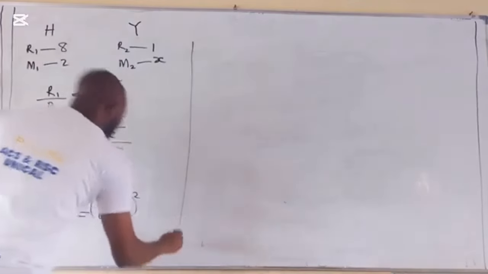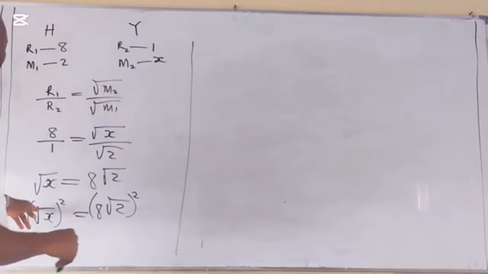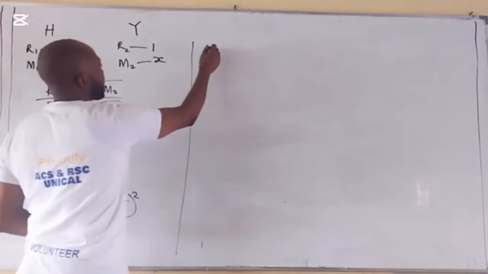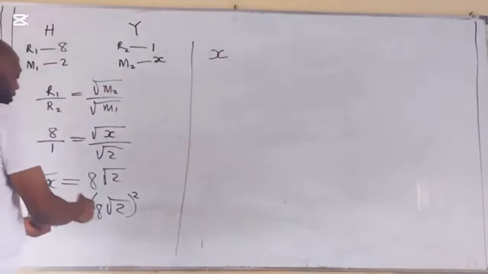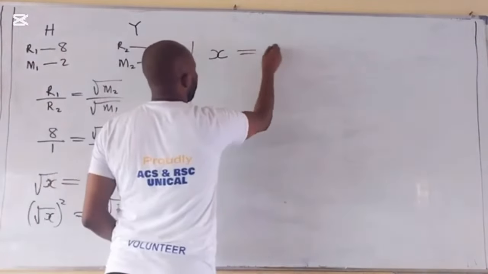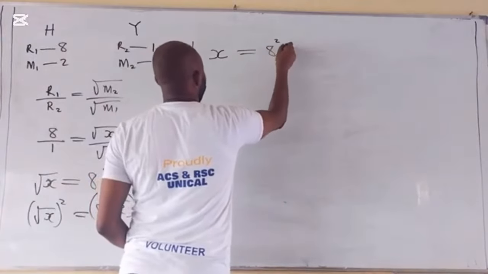On the left side, the square of the root of x gives us x. And this becomes 8 squared times 2.